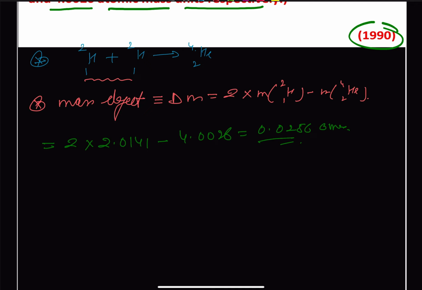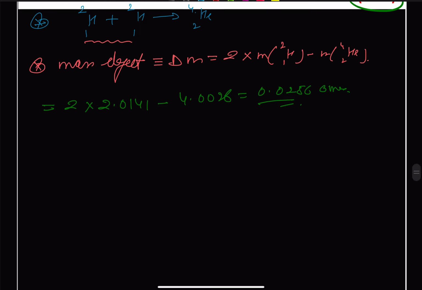And we can just use the equation, which is also called the Einstein equation, to get the energy. We have to remember that 1 AMU is equivalent to 931.5 mega electron volt. We have to use that relationship also.